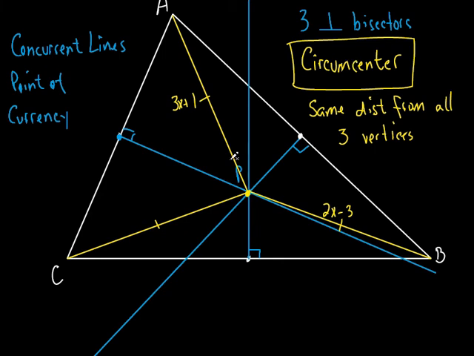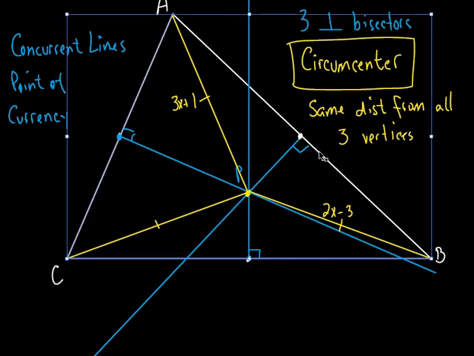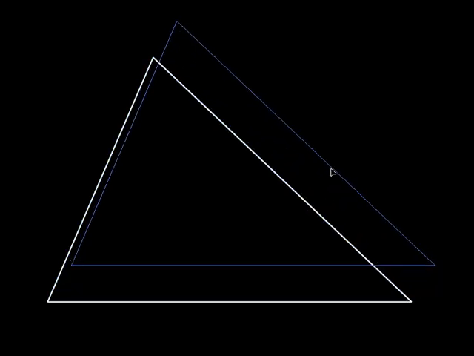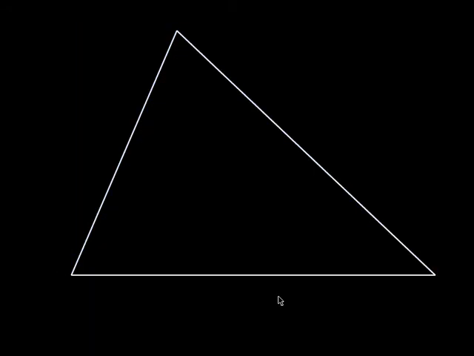Now what we're going to do is another one. Let's get that. We'll copy that triangle. I'm going to use the same looking triangle. Again, you could do this with obtuse triangles, with right triangles, but it's pretty easy to use this nice acute triangle. So now what we're going to do is another type.